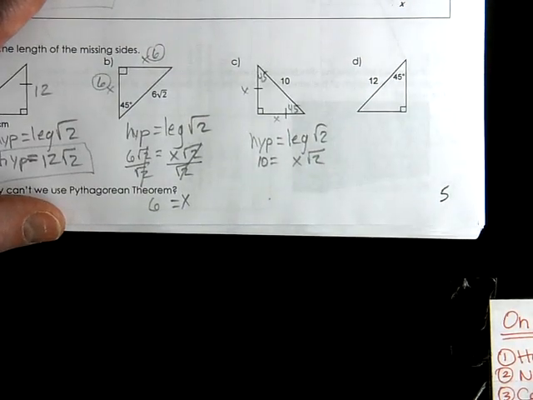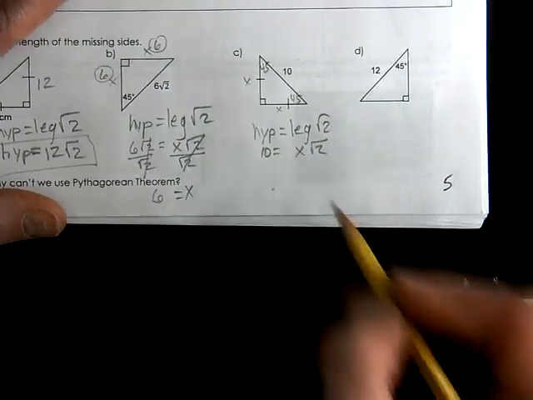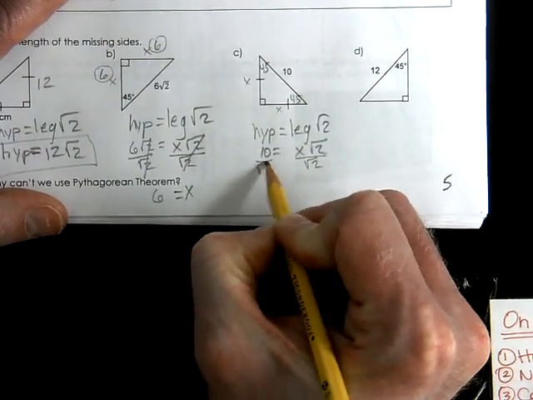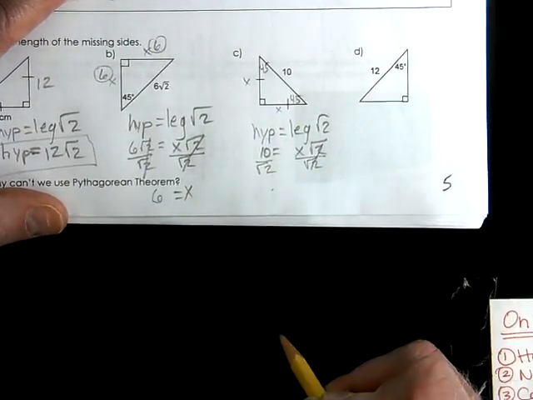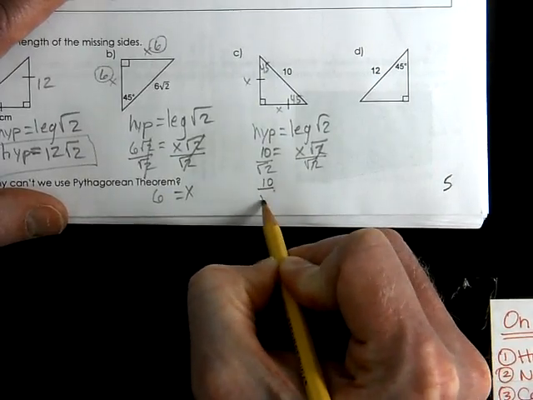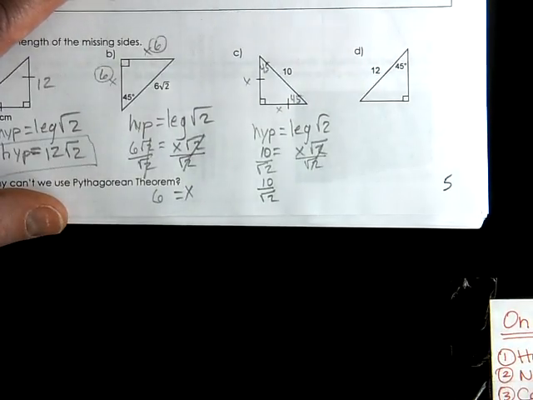How are we going to get to the x? What do we have to move away from the x? The root 2. So I'm going to do that through division. I divide my root 2 out of there. And that leaves me 10 divided by root 2.